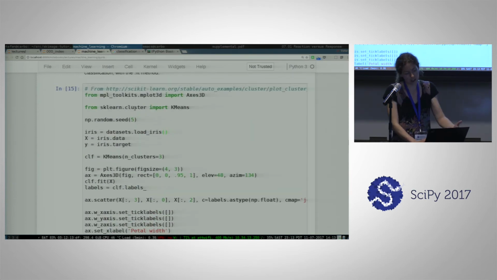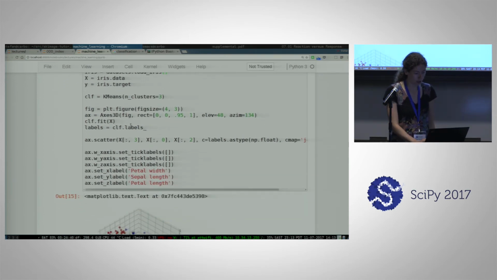It's in one of the submodules of scikit-learn, and I have this iris dataset, which are some properties of iris flowers. And once again, I have a data array and a target array, as we had with the digit dataset. Then I create this k-means estimator, and I tell it that I want n clusters equal 3, meaning that I will have 3 groups of samples.